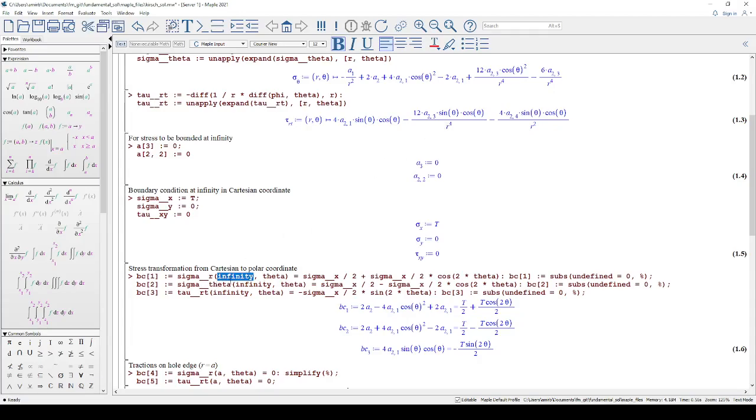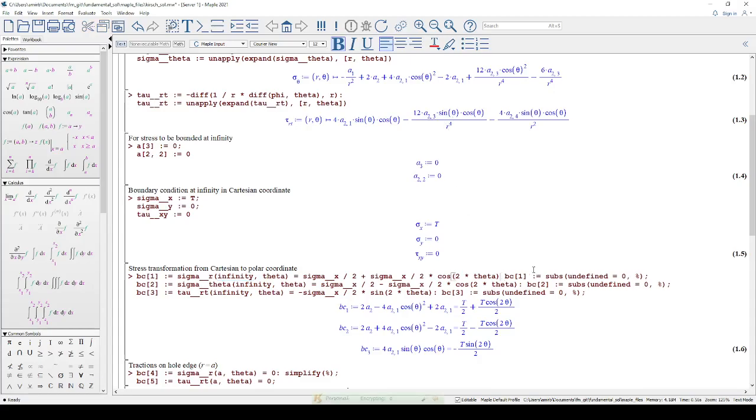I want to say that at infinite distance in the domain, these terms tend to 0. But Maple does not understand this, so I substitute the undefined here with 0, because we know that if r goes to infinity, this whole term goes to 0.